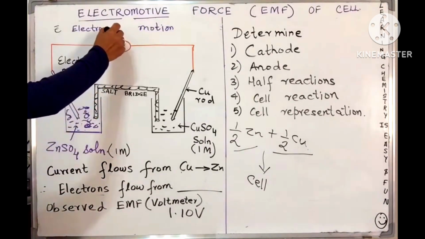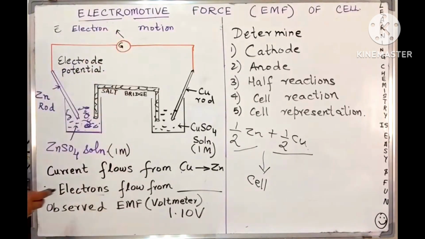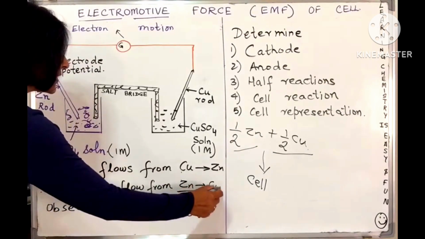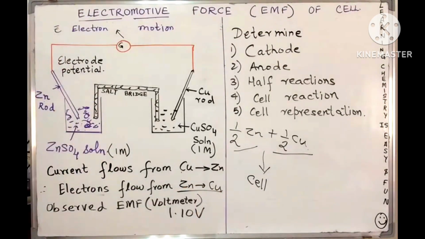Can you tell me the direction of the flow of electrons in this setup? Perfect, it is from zinc to copper. Can you tell me why? Yes, conventionally the direction of current is taken opposite to the direction of flow of electrons.